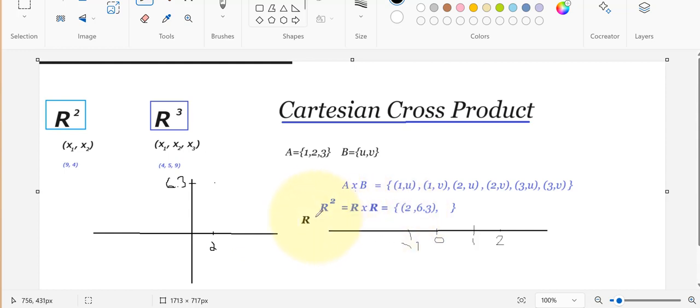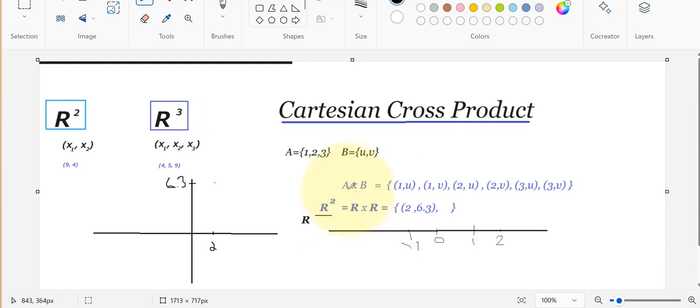So we can say this is equivalent to the xy plane. For every point in here, there's an element in here, and for every element in here, there's a point in here. So they're equivalent. We can think of R2, the Cartesian cross product of R with itself, as the xy plane.